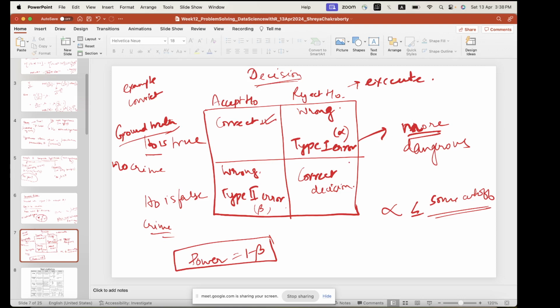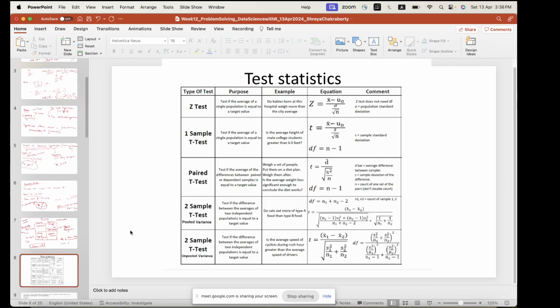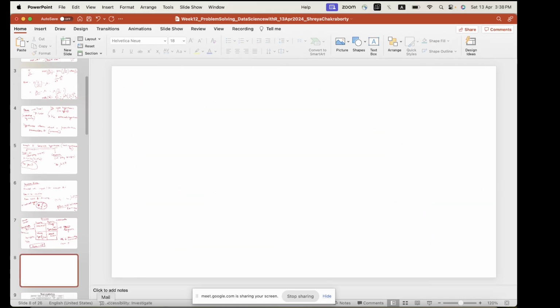Okay, so that is what I mean by power. It is 1 minus beta. So we fix alpha, type 1 error, at some point, and then we try to maximize the power, and that is how we land up at the test rules or test decisions that we actually have.